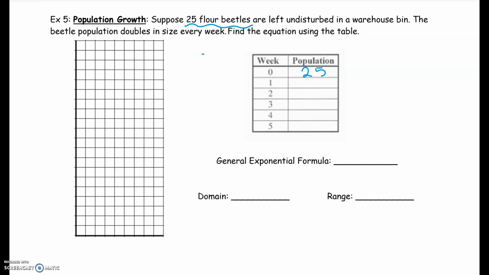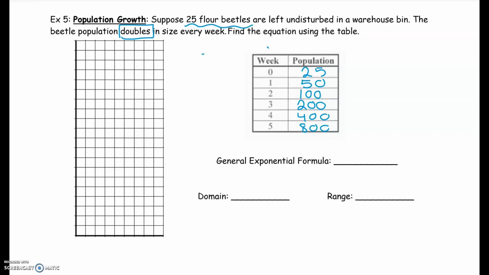And every single week, what's going to happen to those beetles? Their population is going to double in size. So if I double 25, we're now at 50. And if we double 50, we're now at 100. And we double that, we're at 200. Double that, we're at 400. And then by week 5, we're at 800 beetles.